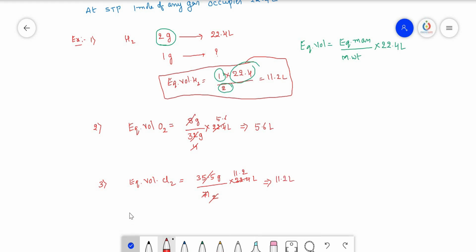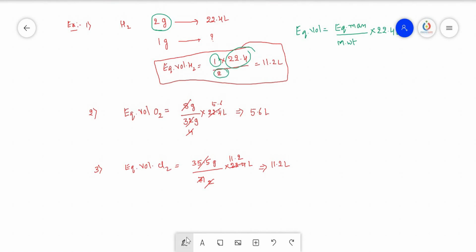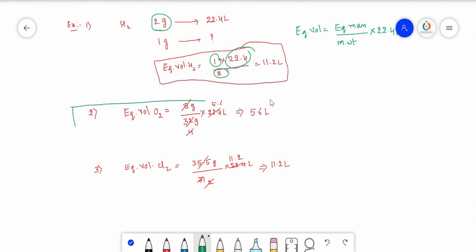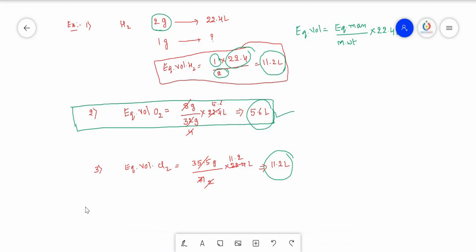So remember, for most of the diatomic gases except oxygen, the equivalent volume is 11.2 liters. Only for oxygen it is 5.6 liters. So this is the way to calculate the equivalent volume.